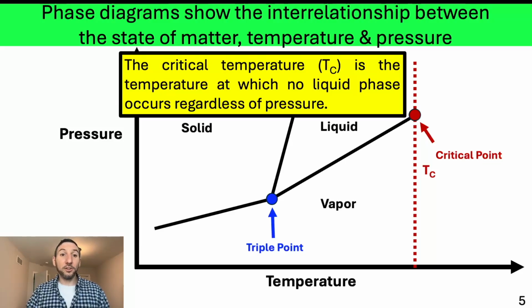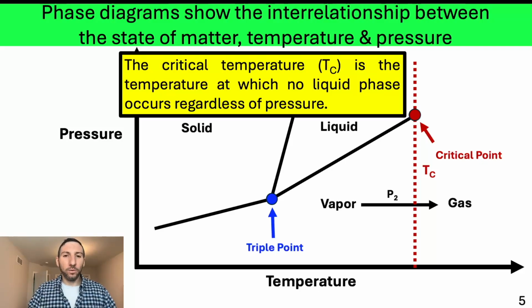The other special feature of the critical temperature is that if you have a vapor and you increase your temperature, holding pressure constant, and you cross that boundary from below the critical temperature to above it, what now happens is that there's no phase change with your vapor, but there's a new term for your vapor. This is where we have a gas.